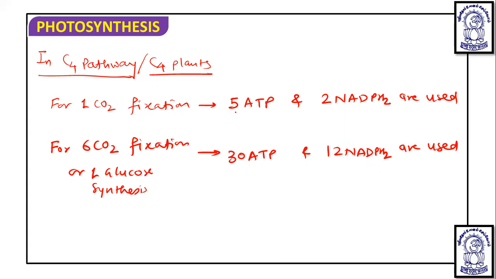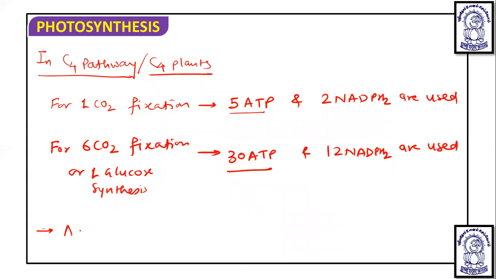So here 5 ATP for 3 ATP. So 2 ATP are additionally used compared to the C3 cycle. So for 6 CO2 fixation, for 1 glucose, additionally 12 ATP are used compared to the 18 ATP which are used in the C3 cycle.